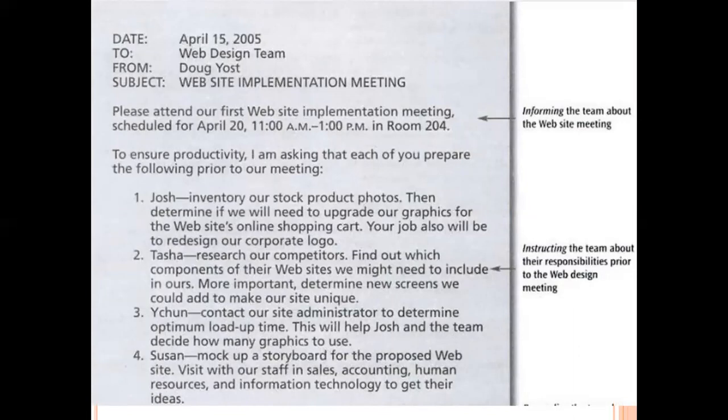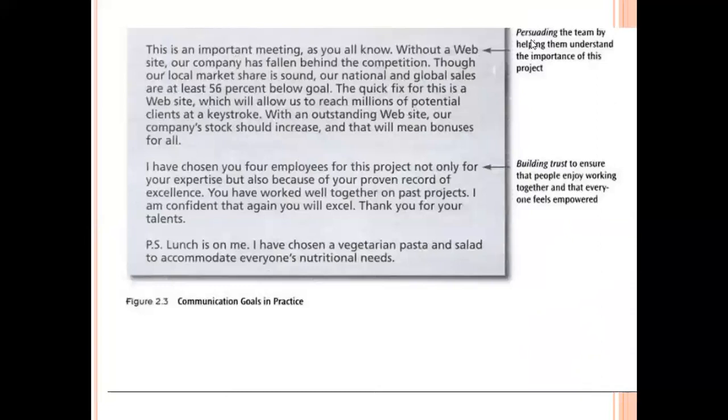Here is a sample memo for you to have a look at. I'm not going to go through it all or read it right now. All I'm going to do is show you the little side headings written for you. Here, informing the team about the website meeting. Number 2, instructing the team about their responsibilities prior to the web design meeting. Then on the next page, persuading the team by helping them understand the importance of this project.